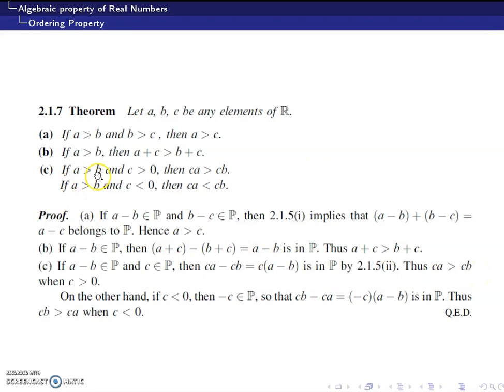So A greater than B and C greater than 0 implies CA is greater than CB.